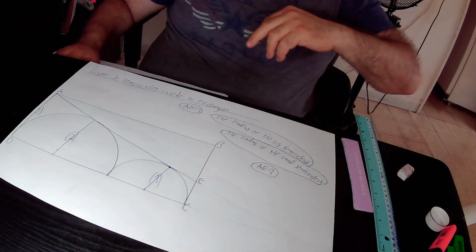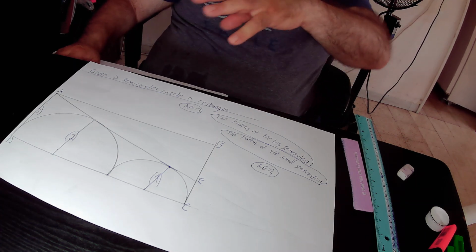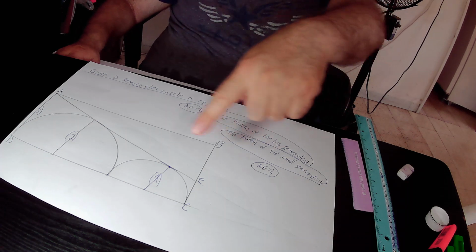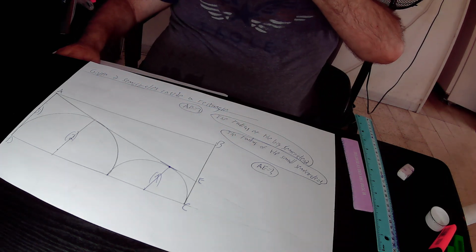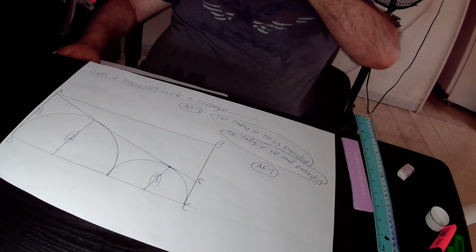Hello, in this lecture we'll find out the length of line segment AE. In the drawing we have a rectangle, ABCD is a rectangle. Beside this rectangle we have those two semicircles.